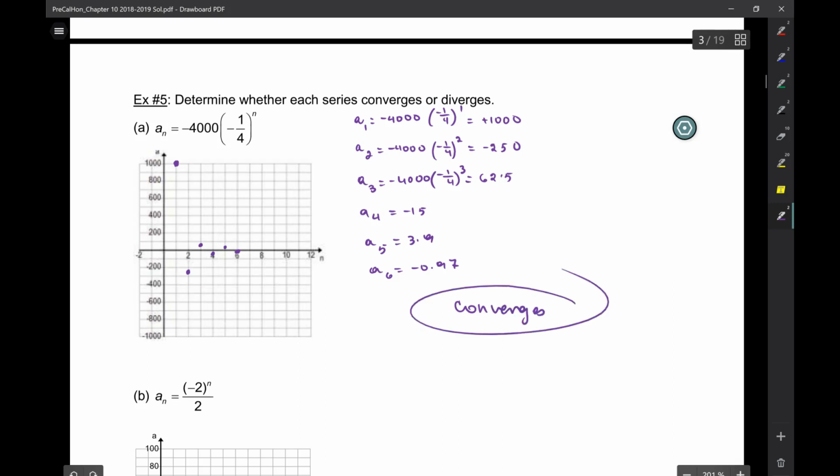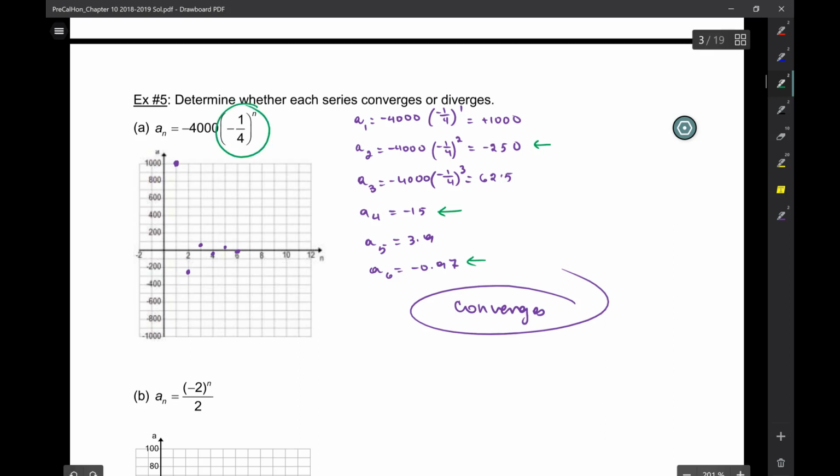Now, notice the alternating sign. This is negative, negative, positive, negative. So we have positive, negative, positive, negative. Could we have known that this was going to alternate in sign from the formula? What would be a giveaway? Exactly.